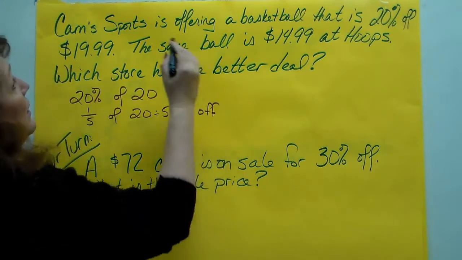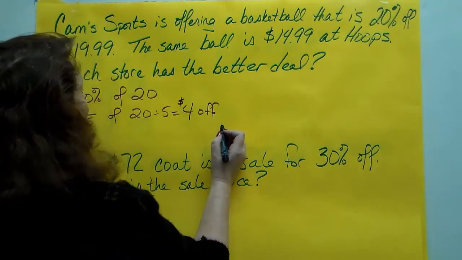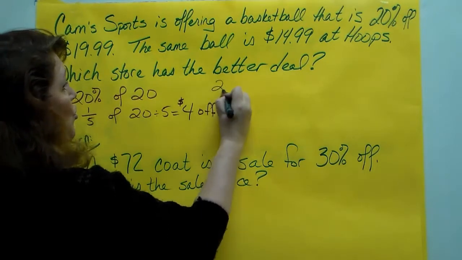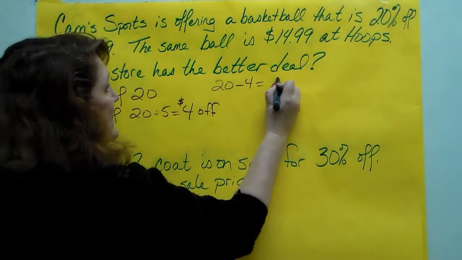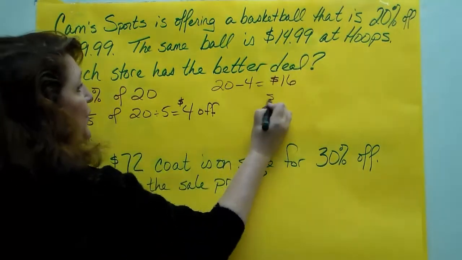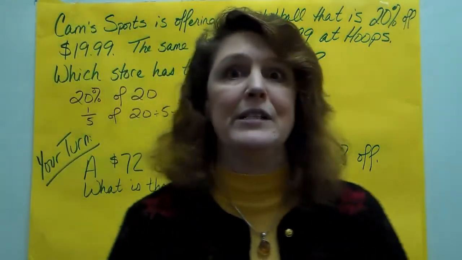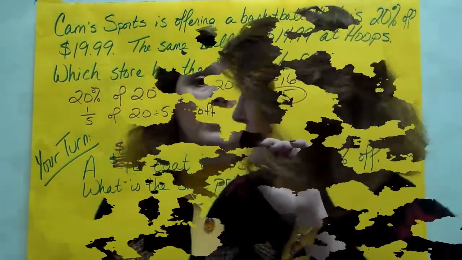So Cam's Sports is selling theirs for 20 minus 4, $16. Hoops is selling theirs for $15. Guess what? I'm still going to go to Hoops. Yes, it's a great sale, but it's not good enough.